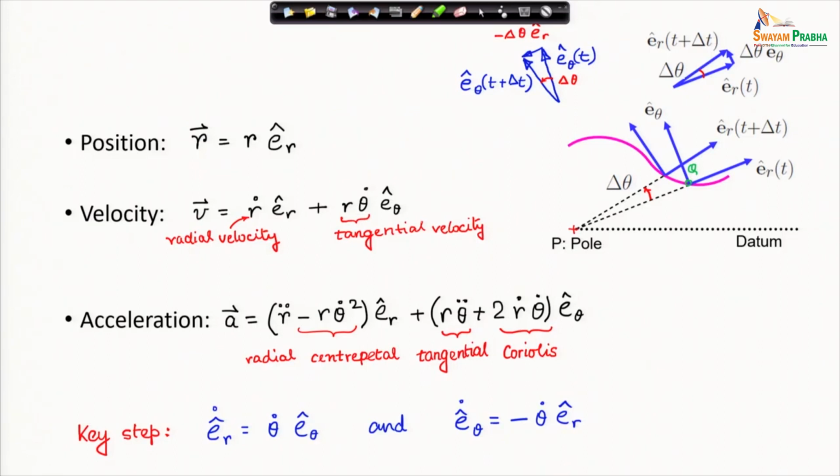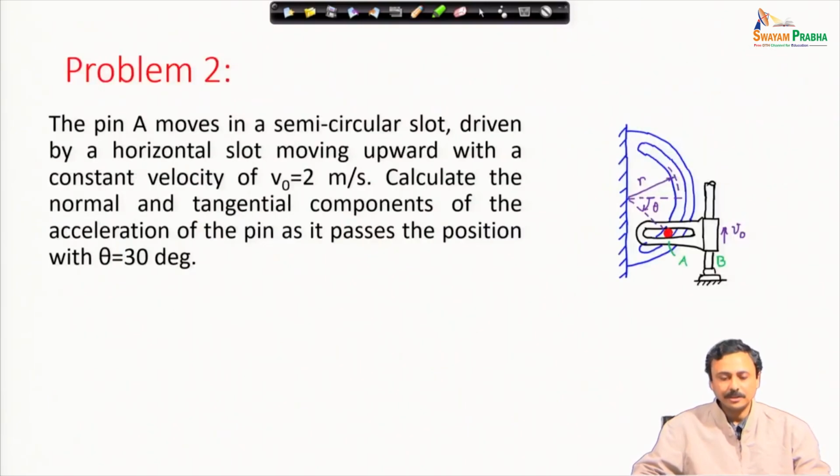Now, let me remind you that the key step in all these derivations has been e_r cap dot is θ dot e_θ cap, and e_θ dot is minus of θ dot e_r, and this will come again later on.